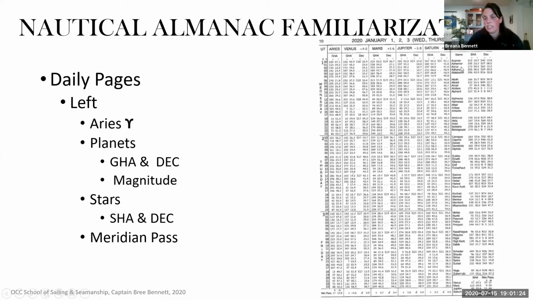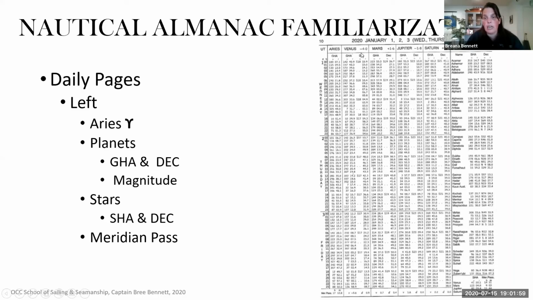And then we have a list of our 57 navigational stars. Now, these stars are going to be the same for all 3 days. So even if you're observing something on January 1st and you are seeing, I don't know, Rigel, something like that, it's going to be the same for all 3 days for your stars, that they're not changing that drastically.